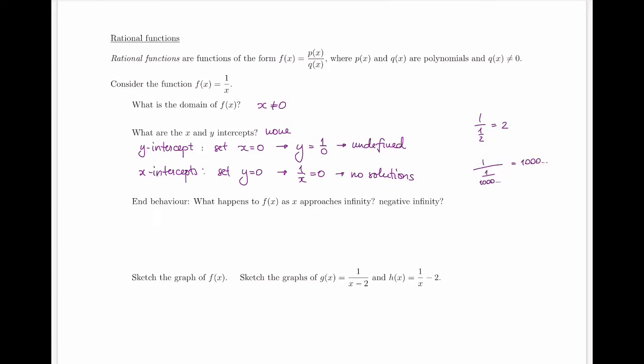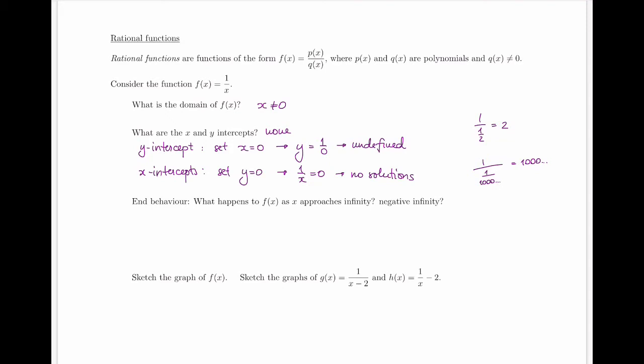So the smaller the number I plug into the x, the larger the number as the output will be. And then, of course, if I plug in a negative value for x, the outcome is going to be negative. So small input values for x will result in large output values for y. And that is an important property of this particular function.